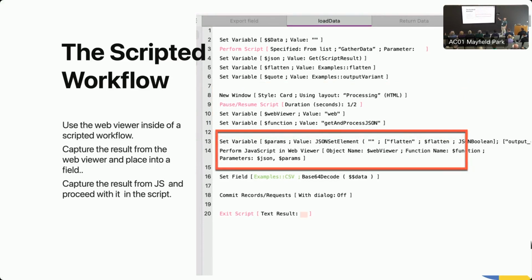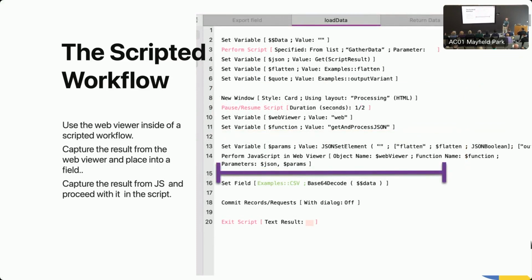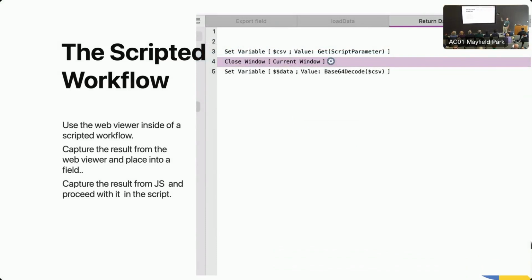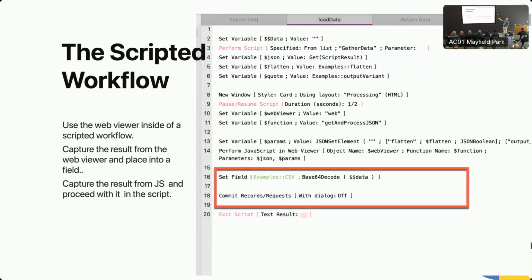And then I'm going to use the perform JavaScript in web viewer function to pass the function in, to tell it which function, and pass in the data. And then what happens at that point is that the web viewer gets all of the code, gets the function, processes the data, and it spits out, or it causes a script to run that grabs the data on line 3 from the JavaScript, puts it into a global variable on line 5, and then the parent script, the one that was running, can take from the global variable, put it into the field, and then it's worked.